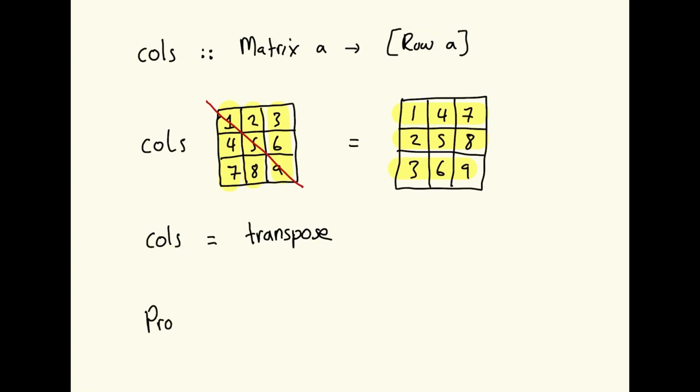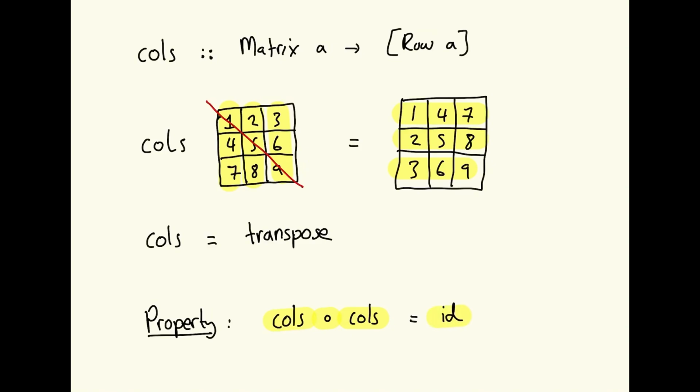This function also has a useful property. It's the same kind of property as we had with rows, but this one is less trivial this time. What it says is if you apply the columns function twice, which means you compose the columns function with itself, so you apply it once and then afterwards apply the columns function again, that should get you back to where you started.